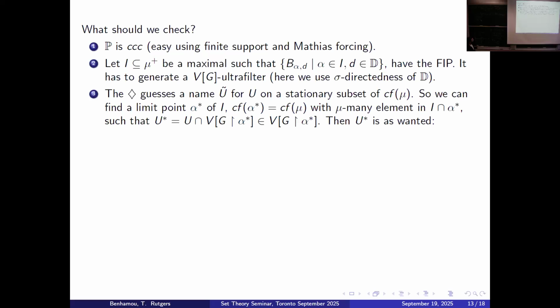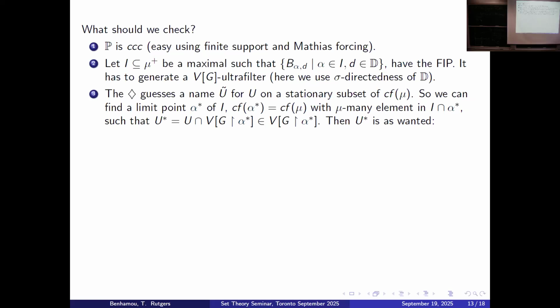So what will be the eventual ultrafilter? Here comes a small trick. This is why we did this specific diamond. You need to find a point alpha star, which is a limit point of I, of cofinality the cofinality of mu, and that has mu many elements below it.